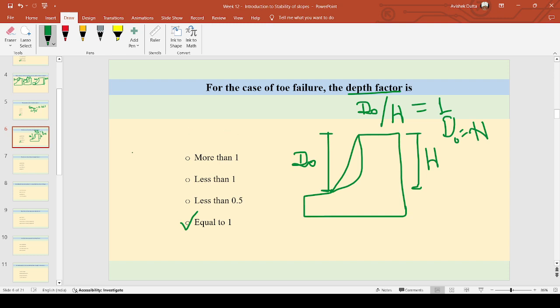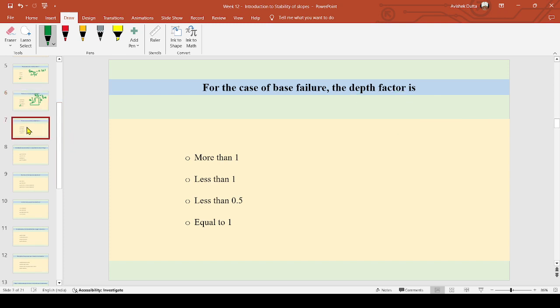Okay, next question. For the case of base failure, the depth factor is. Again, I'll draw the case of base failure over here. This is the case of base failure, suppose.